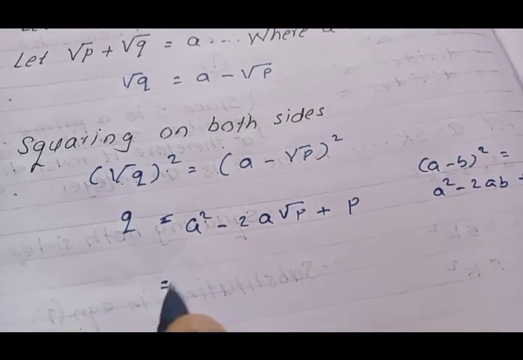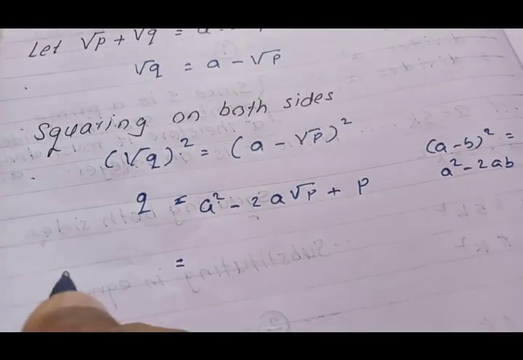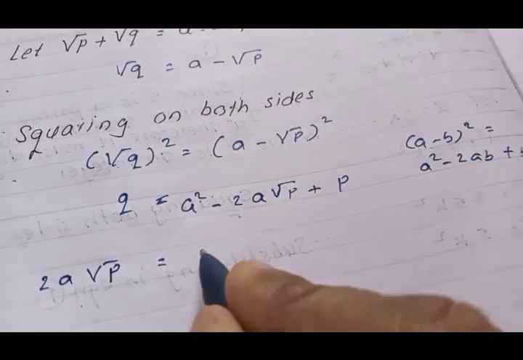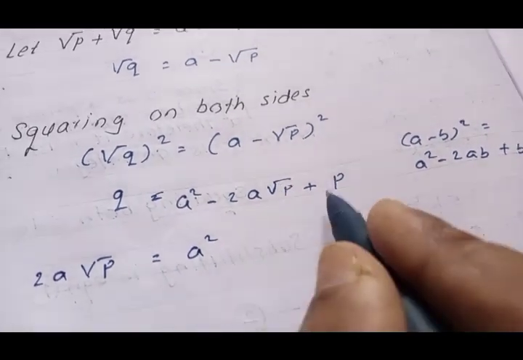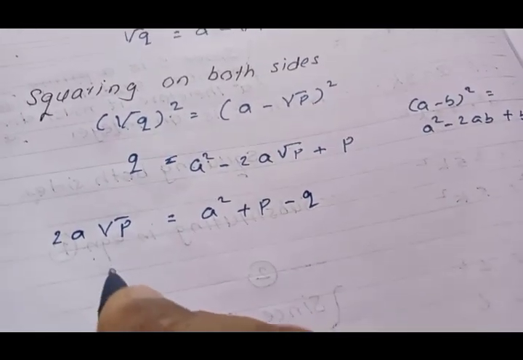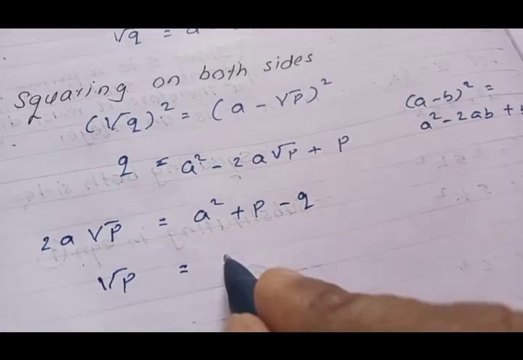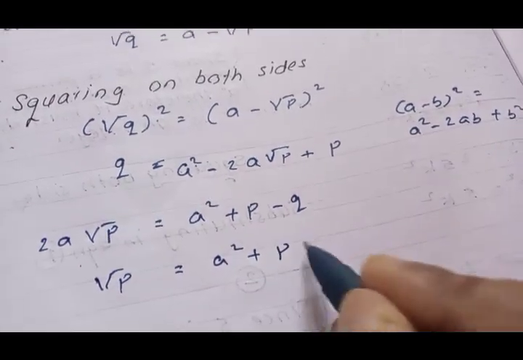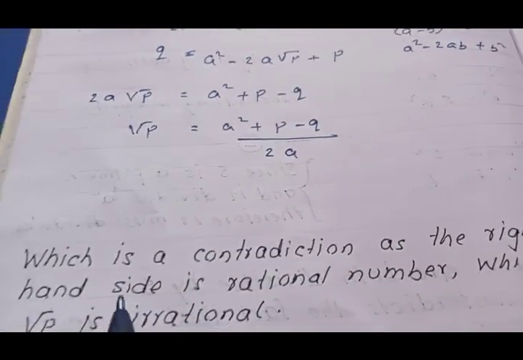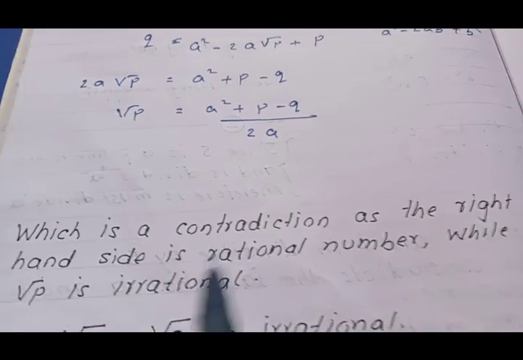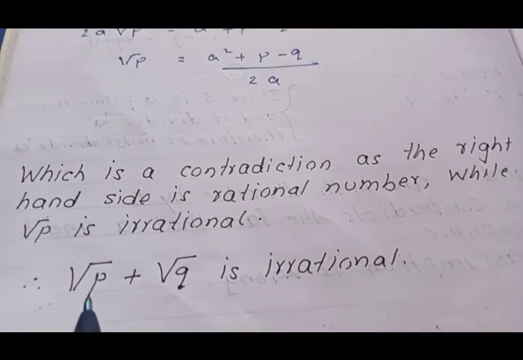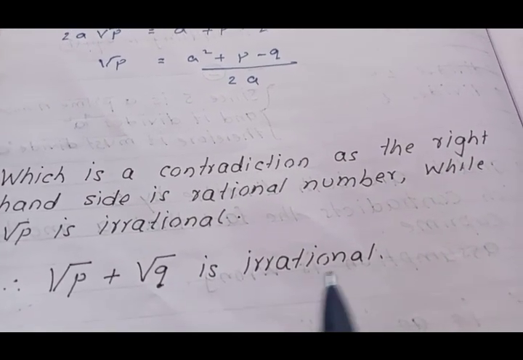Then 2a√p equal to a square plus p minus q, so √p equal to a square plus p minus q upon 2a, which is a contradiction, as the right hand side is a rational number while √p is irrational. Therefore √p plus √q is irrational.